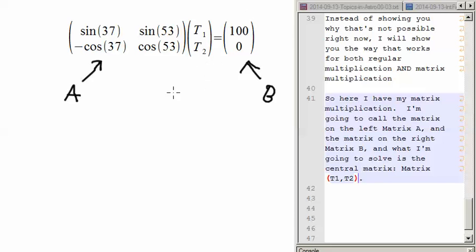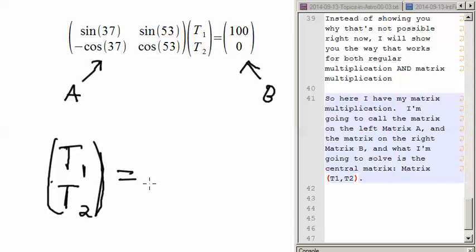So what I will do is I'll plug A into my calculator, and I'll plug B into my calculator, and then T1 and T2 will be equal to A inverse B.